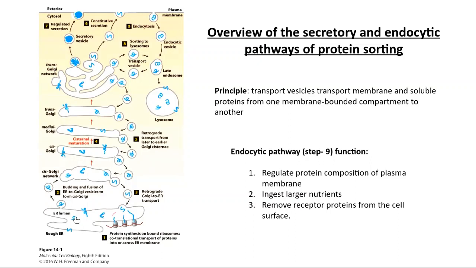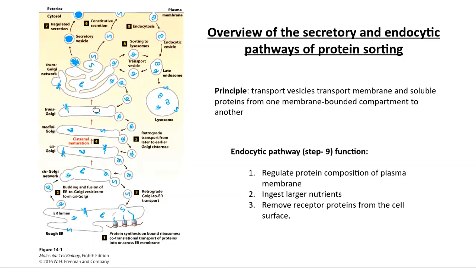Now, all the steps from there are called protein trafficking. So the first stage is the synthesis and folding of peptides inside the ER lumen, and the second stage is all these steps, that is protein trafficking.